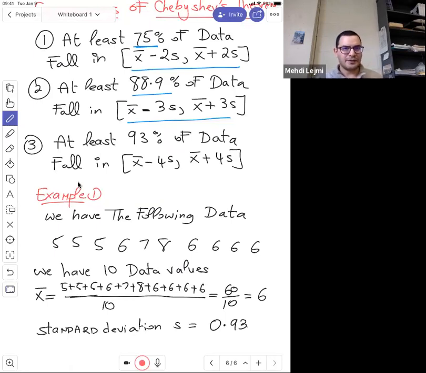I'm not doing it here because it would take that long, but we do know how to compute it from the previous lectures. So this is the answer for the standard deviation.